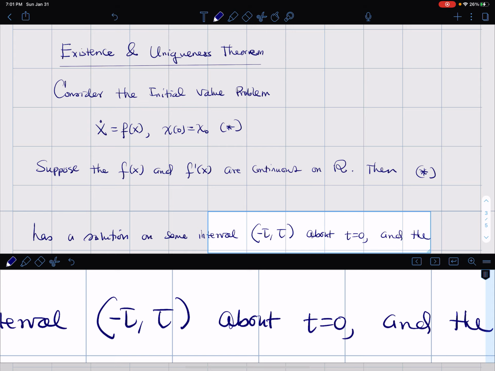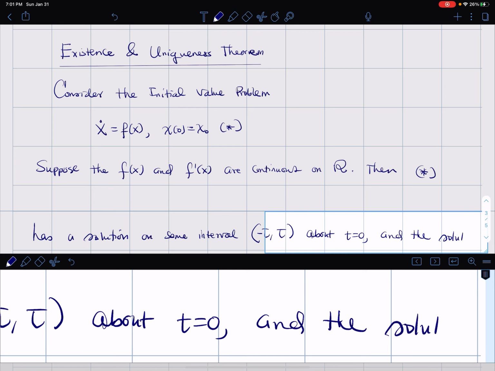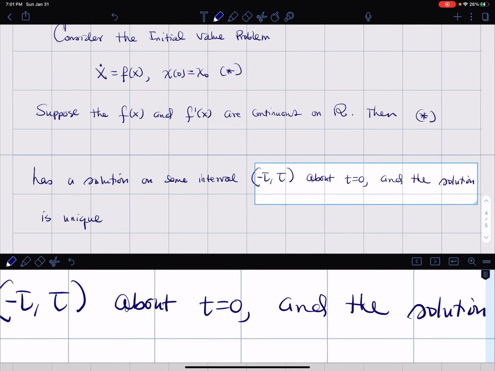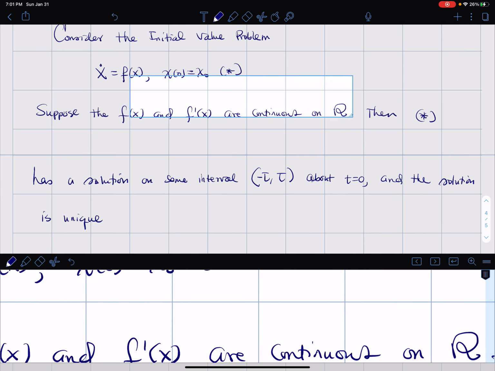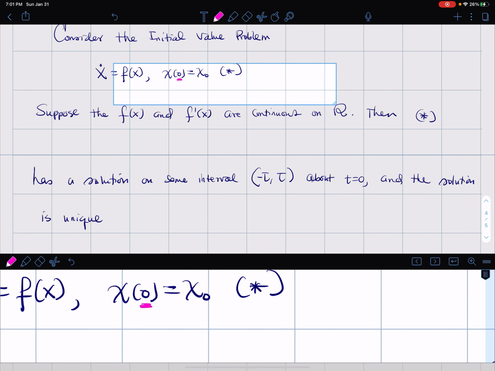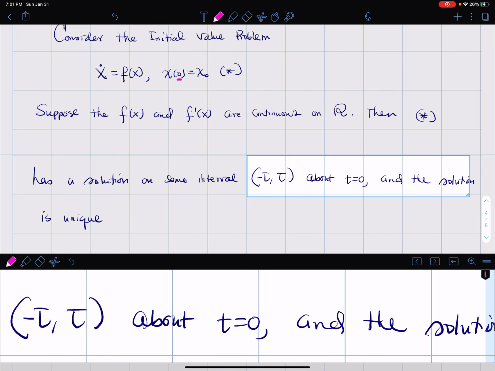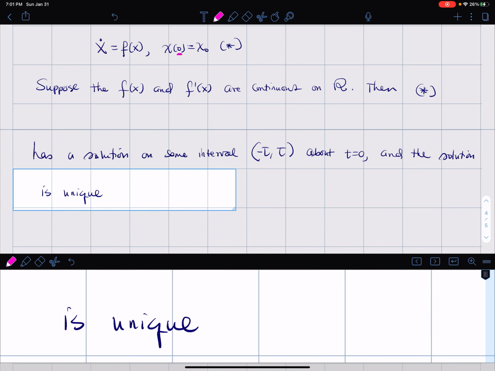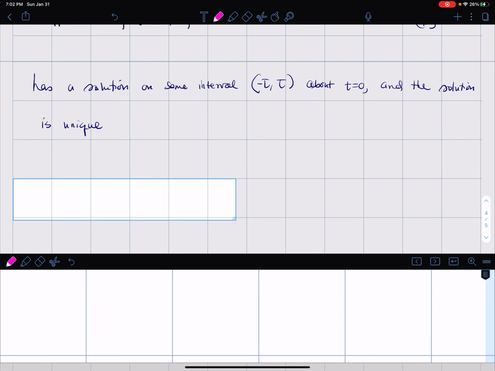And the solution is unique. All right, so the interval is about 0 because our initial condition is assumed to be where t is equal to 0. If it's where, let's say, x of a is equal to x naught, then it will be about a. All right. Okay. So let's look at some examples, or maybe at least one example.